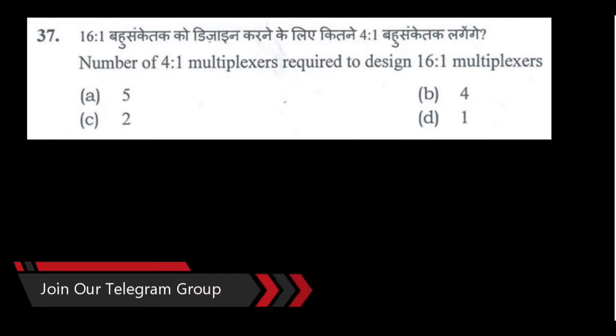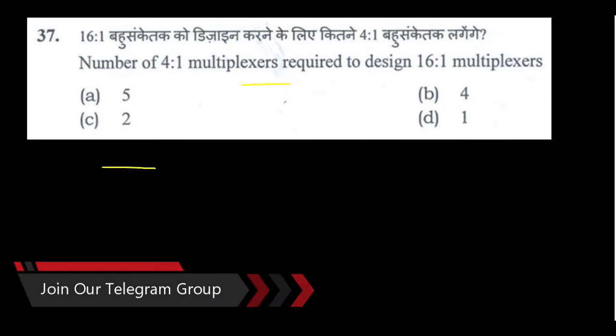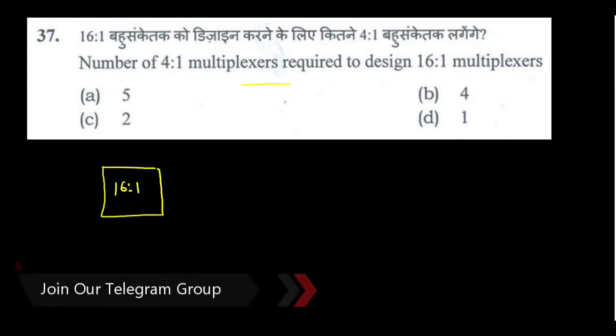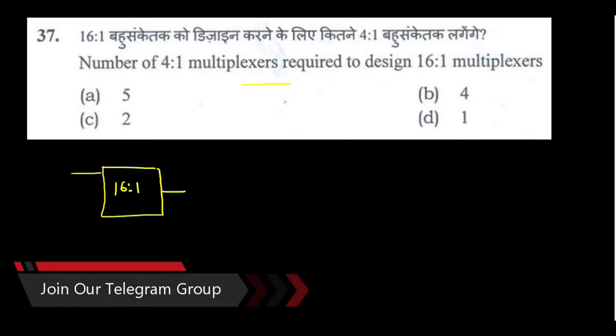Number of 4:1 or 4 by 1 multiplexers required to design a 16:1 multiplexer. So what is the question we want to realize? Actually what we need is a 16:1 multiplexer.